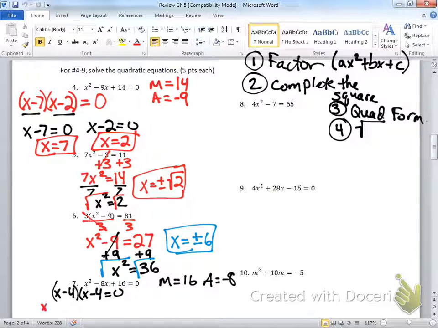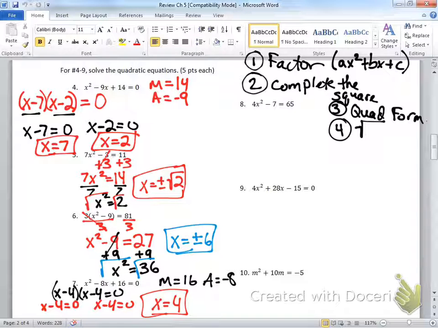Okay, so zero product rule, x minus 4 equals 0 twice. But what do you get both times? 4. So you only need one answer on that one. All right. Questions?